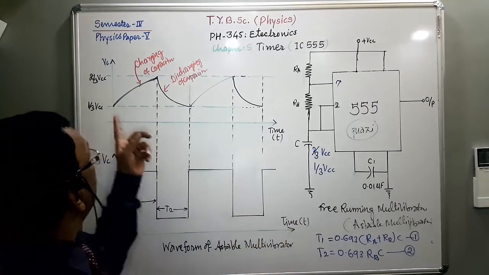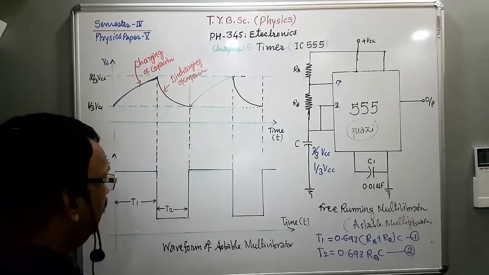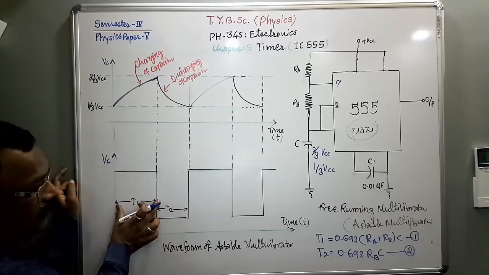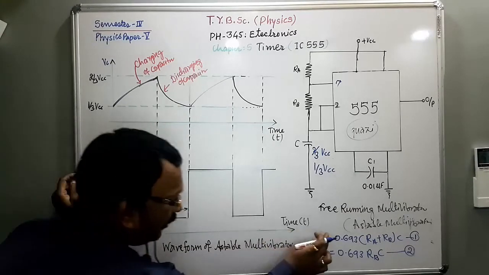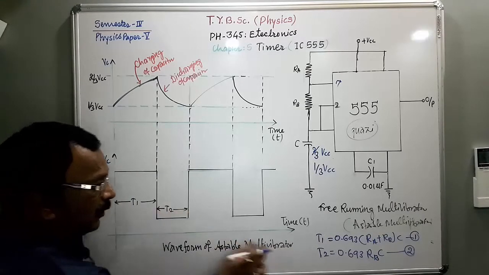So the total charge and discharge period T is equal to T1 plus T2. This is the period of charging and this is the period of discharging. The period of charging is given by equation 1 and the period of discharge is given by equation 2.